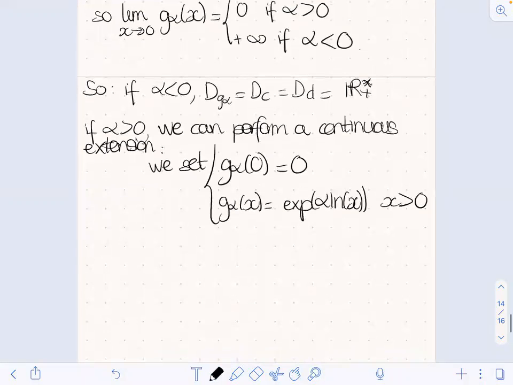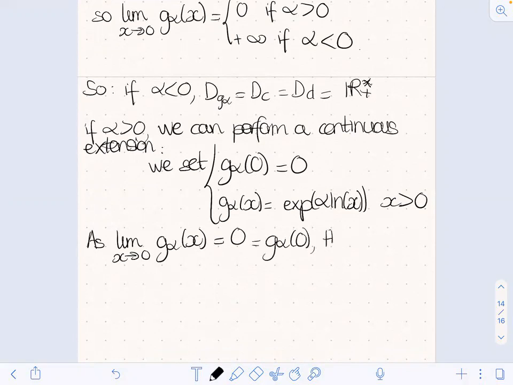Okay, and we know that the limit when x goes to 0 of G alpha of x is equal to 0, which is equal to G alpha of 0, so the resulting function is continuous. It will be continuous at 0.